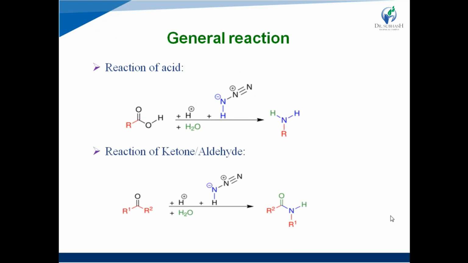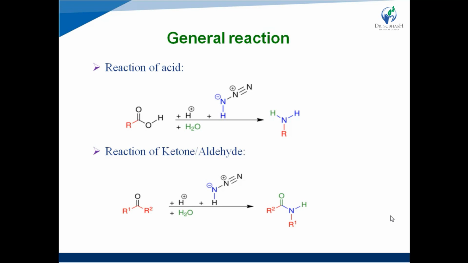Say general reaction. First, reaction of acid. Say RCOOH, that is carboxylic acid, undergoes this Schmidt reaction in presence of H plus acid catalyst and hydrazoic acid or azide, that is HN3, as well as in presence of water molecule, and forms the corresponding amine molecule, RNH2.